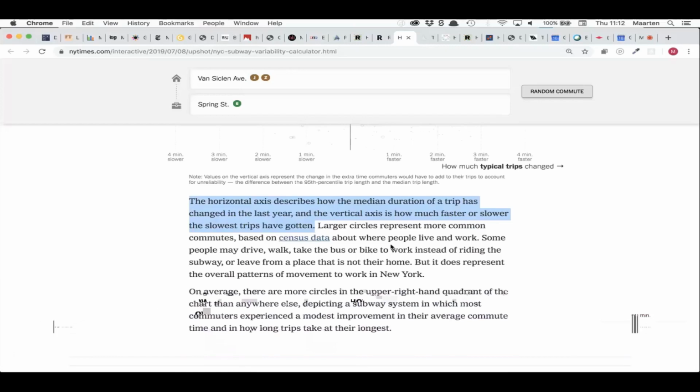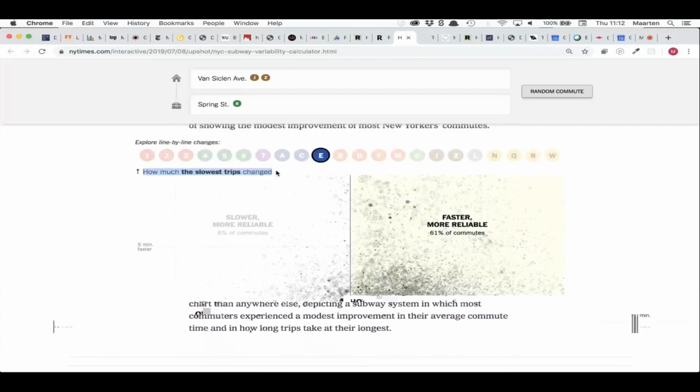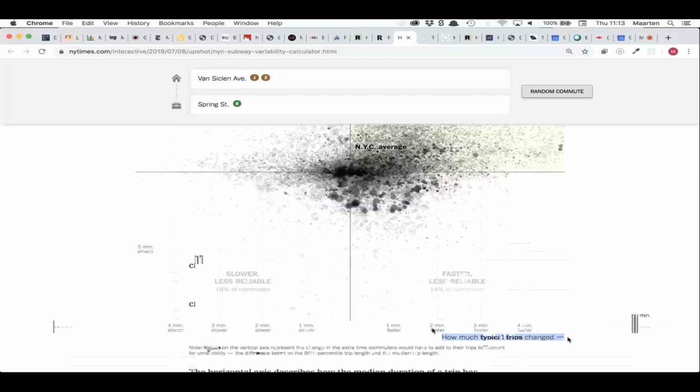Then you also have this annotation here for the y-axis. It says how much the slowest trips changed, and you have these little labels here saying 5 minutes faster, 5 minutes slower. We also have the same on the x-axis here, so how much typical trips changed, 2 minutes faster, 3 minutes slower.